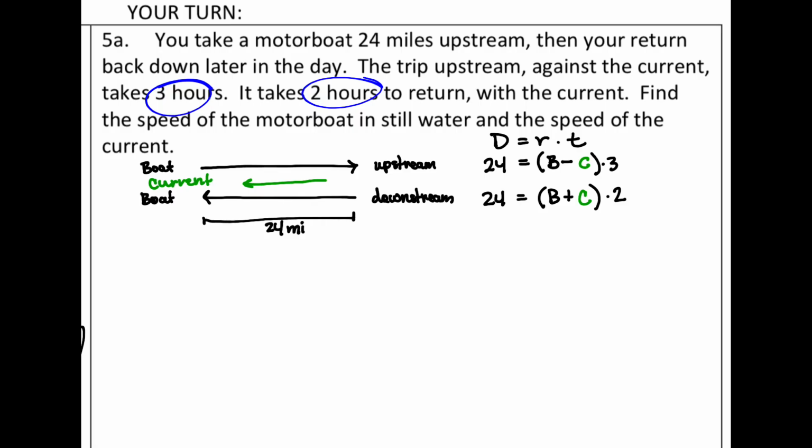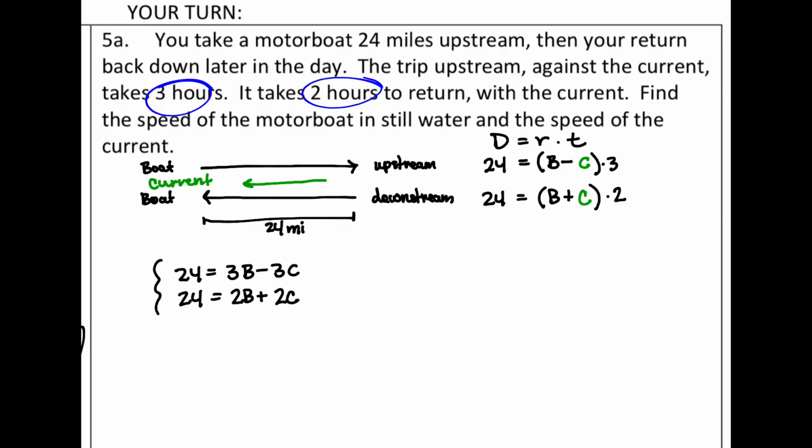Okay, so upstream becomes 24 is equal to 3B minus 3C. Downstream becomes 24 equals 2B add 2C. There's our system.